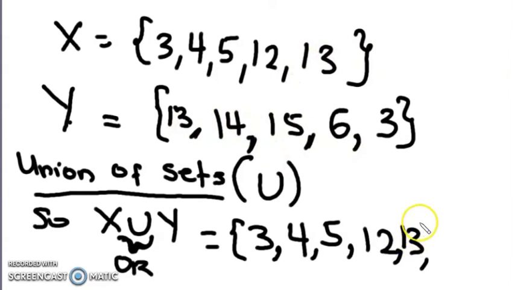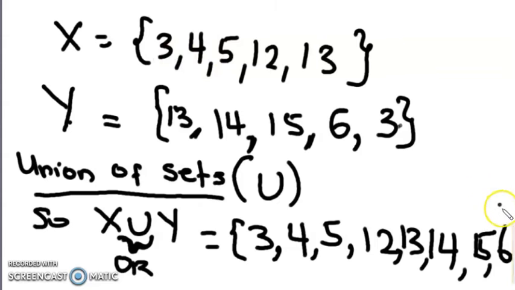So we can't repeat the 13 we wrote in the union. We move to the next element, which is 14, and then 15, and then 6. The last element is 3, but we have already written 3. So we just close the set with a curly bracket.